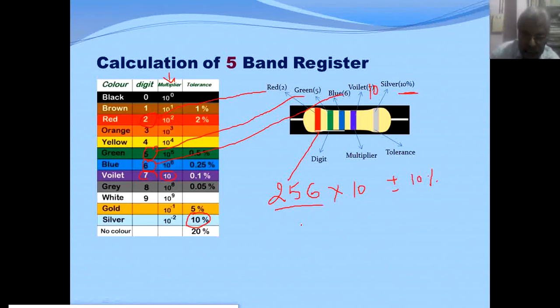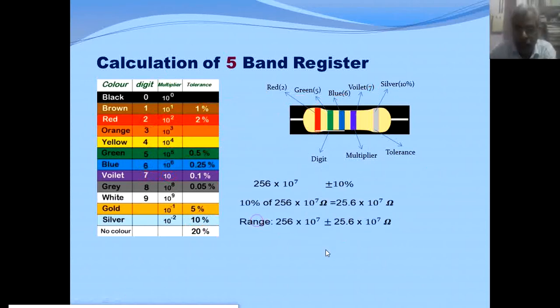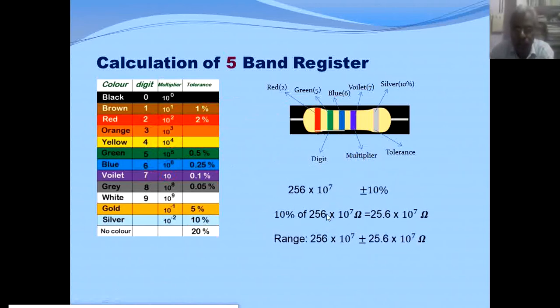First we calculate this value, so this will be 2560 ohm. Now we calculate 10% of this value. If we calculate this 10%, then we get some value, and that value will be added for the maximum range, and that value is also subtracted from this value to get the minimum. I have shown here the actual calculation.